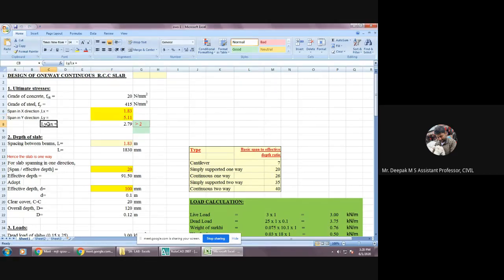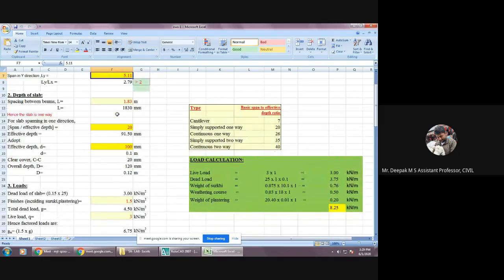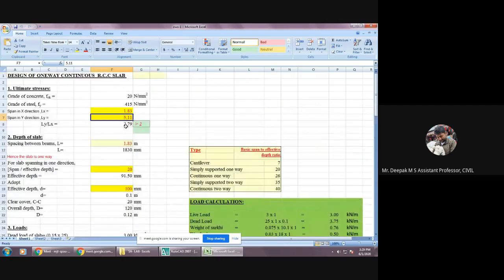When we apply the basic limit, Ly by Lx should be greater than 2 for a one-way slab. So Ly by Lx here is 2.79, which is greater than 2. So here the constants are 20 and 415. The variables are 1.83 and 5.11. The variables are all given in white highlighted boxes.